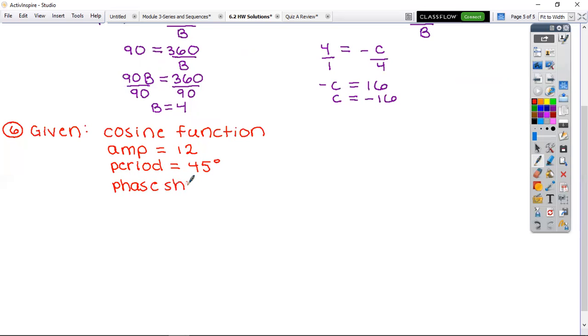So phase shift 180. I just want you to find your function. So that is everything you got. So I'm going to start with f of theta equals. The 12 needs the plus and minus attached to it. And then cosine.